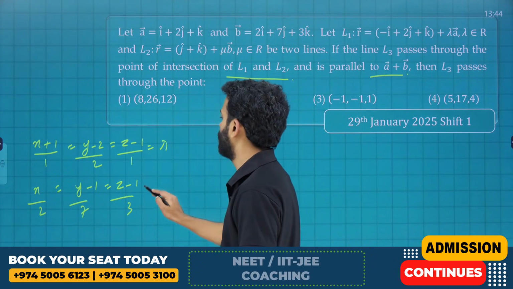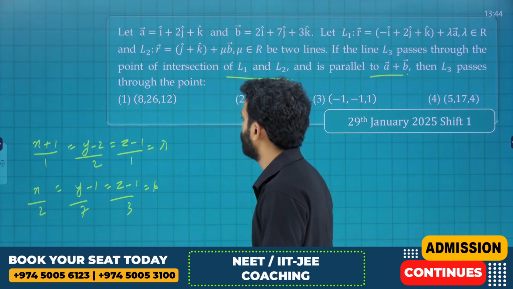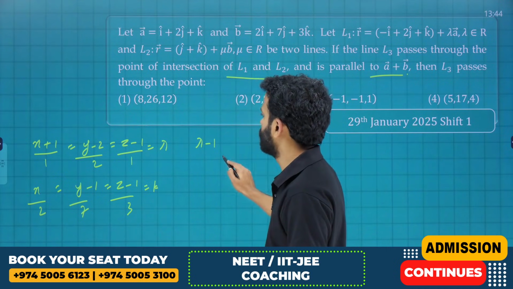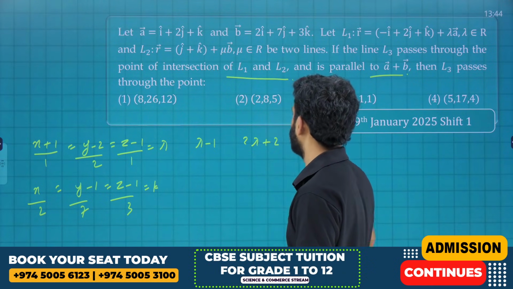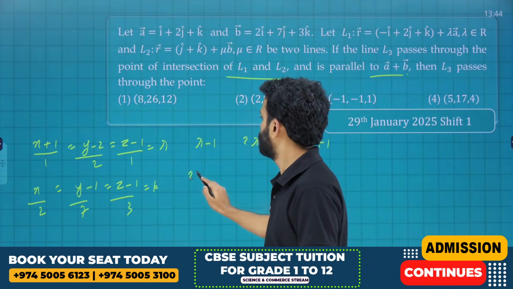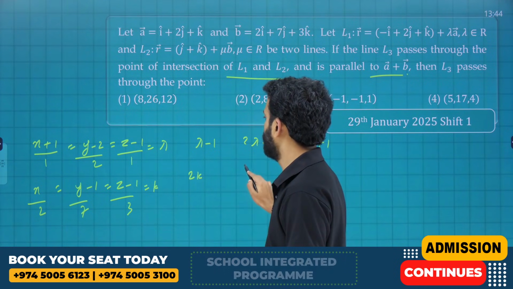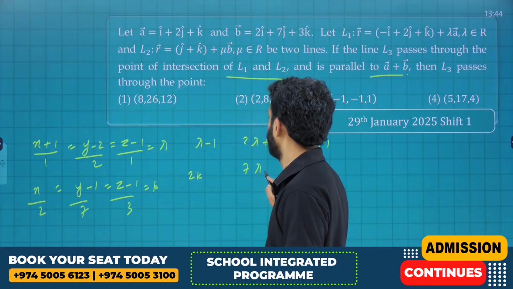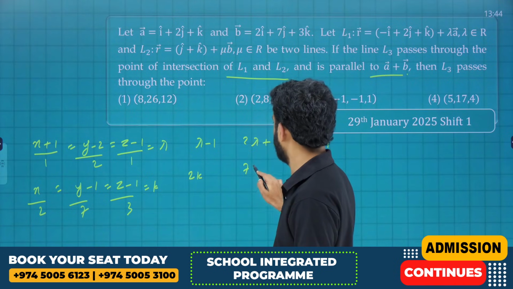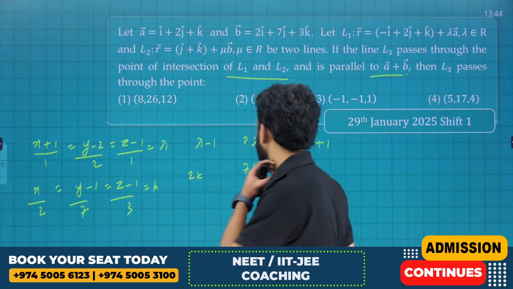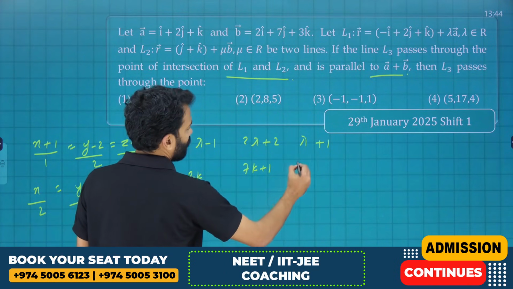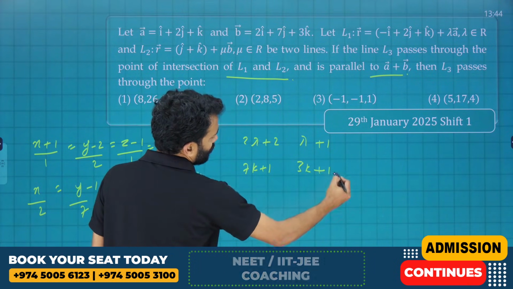We can put the first as lambda and this I am putting as k. Therefore, it will be lambda minus 1, 2 lambda plus 2 and lambda plus 1 here. This will be 2k and this will be 7k plus 1, and 3k plus 1.